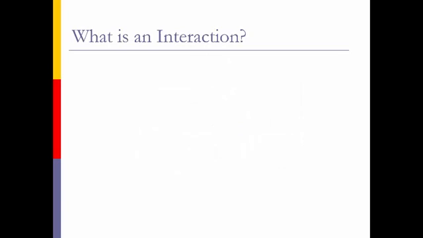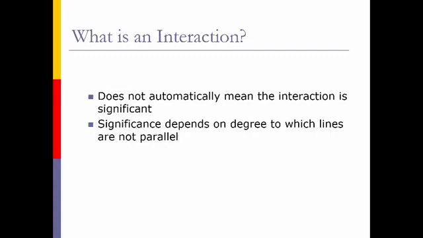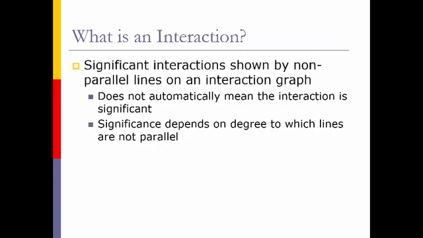All right, so what is this interaction? And how do we really know if there is an interaction or not? First of all, with significant interactions, we have non-parallel lines. When we looked at that previous interaction, we did not have parallel lines for the males and the females.